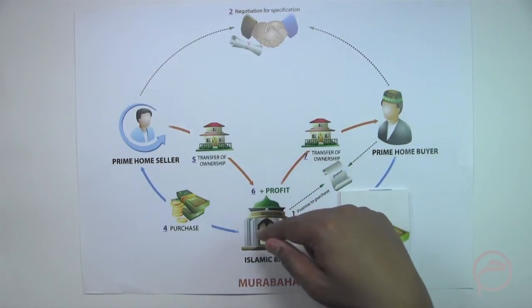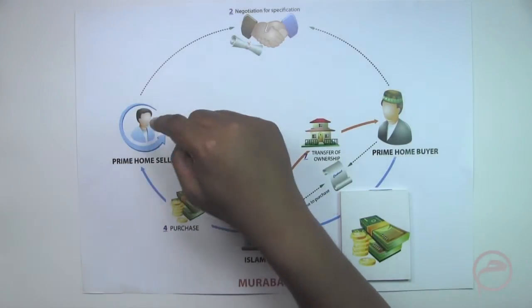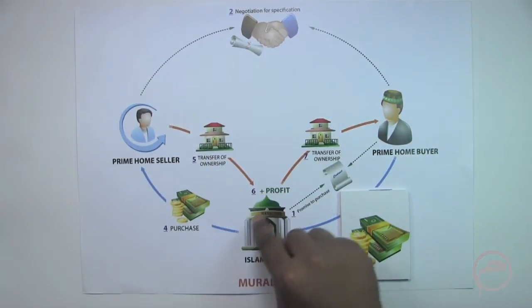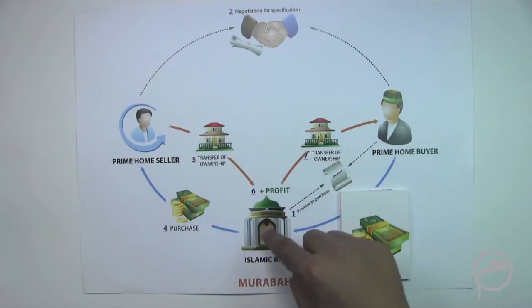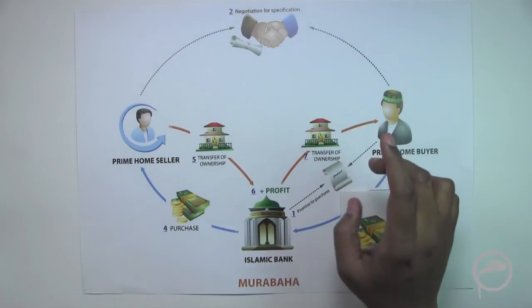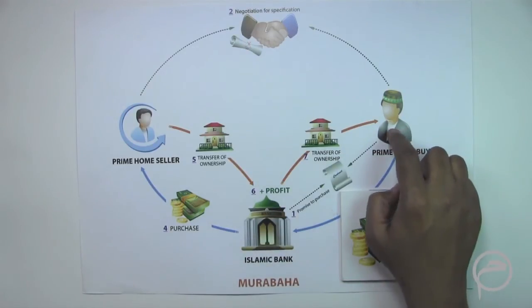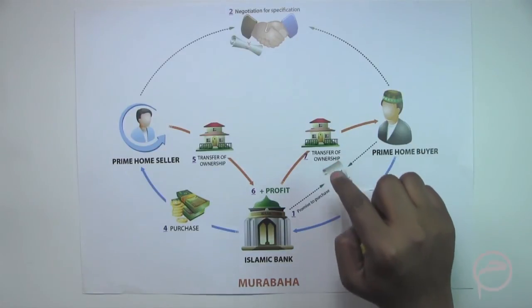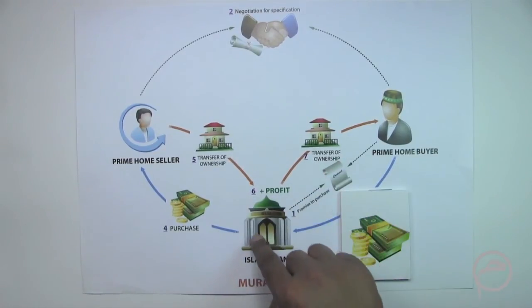In this step 2, what happens? The Islamic bank makes the payment to the seller, and the seller transfers the ownership of the house to the Islamic bank. Now after this there is a contract entered into between the Islamic bank and the customer, and this contract is nothing but the murabaha sale contract. In the murabaha sale contract, there is a cost price.